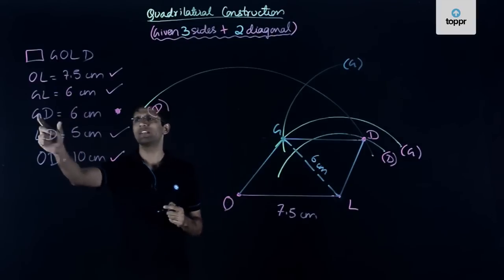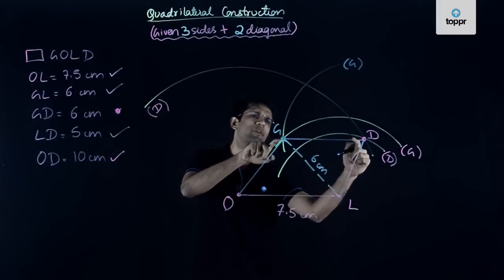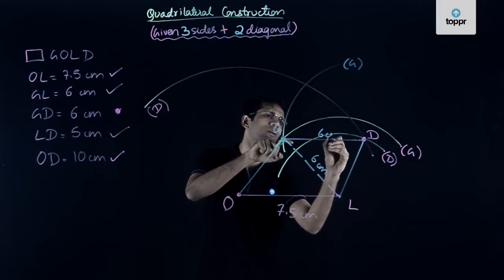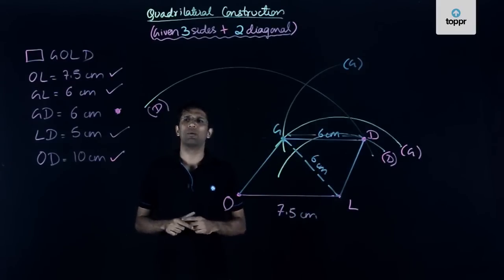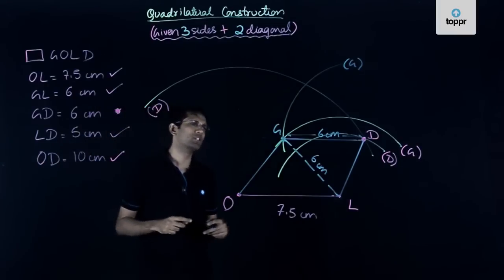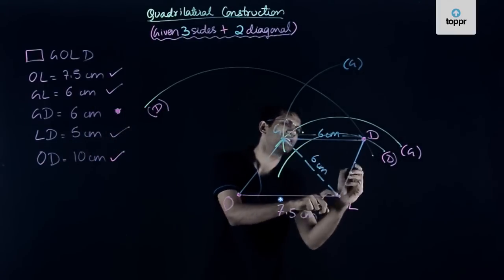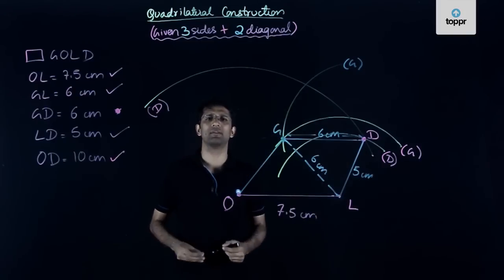Next, we come to this information where GD is 6 centimeter. So we know that this distance between point G and D is 6 centimeter, and so we label it appropriately as 6 centimeter. Now, coming to the next bit of information, we have LD equals 5 centimeter. So let's mark that as well. LD is 5 centimeter, and so we've labeled it as 5 centimeter length.